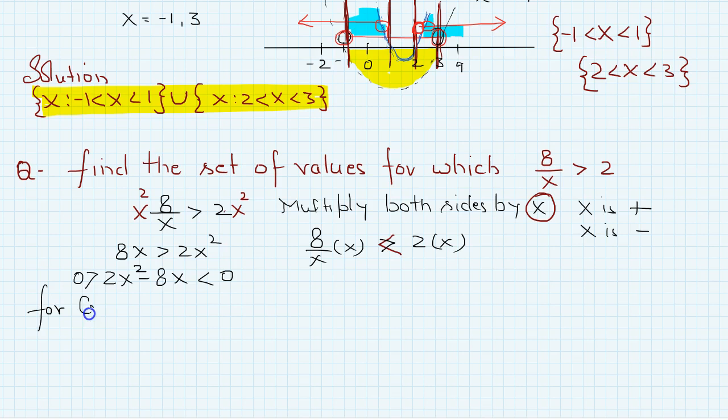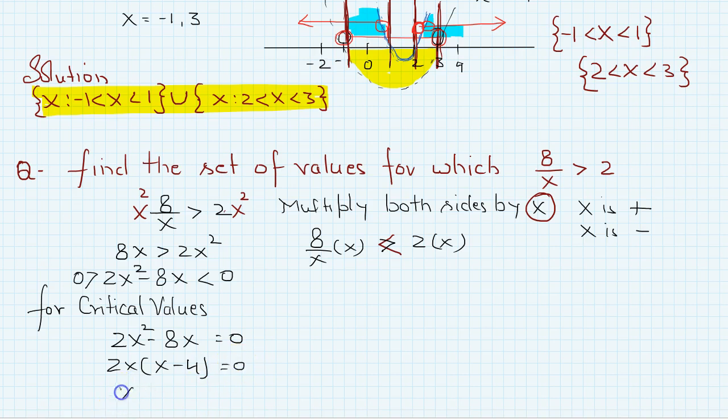So for critical values, we have 2x square minus 8x is equal to 0. 2x common, x minus 4 is equal to 0. So either x is 0 or x is 4.